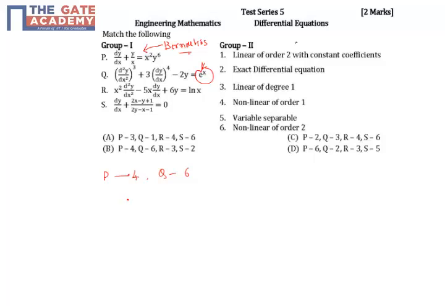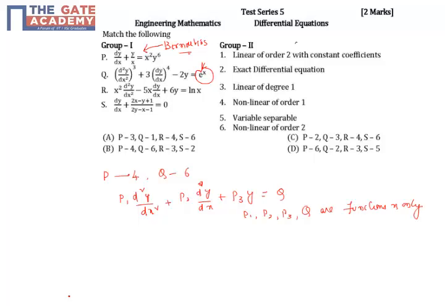And next R. If you see R, it is in the form of some P1 into d²y/dx² plus P2 into dy/dx plus P3 into y equal to some Q, where P1, P2, P3 and Q are functions of x only.